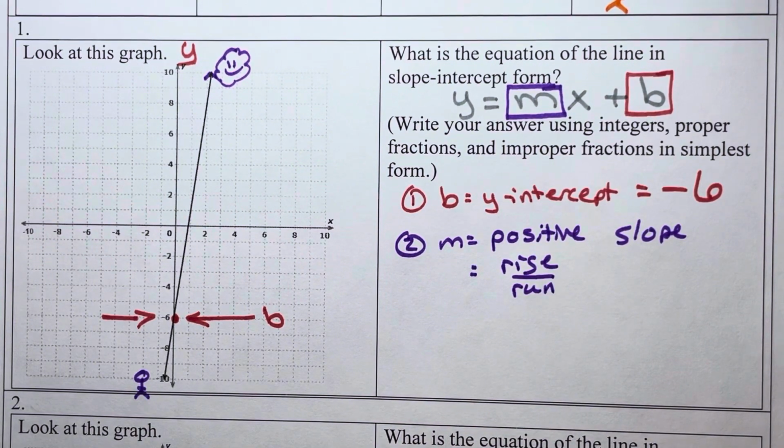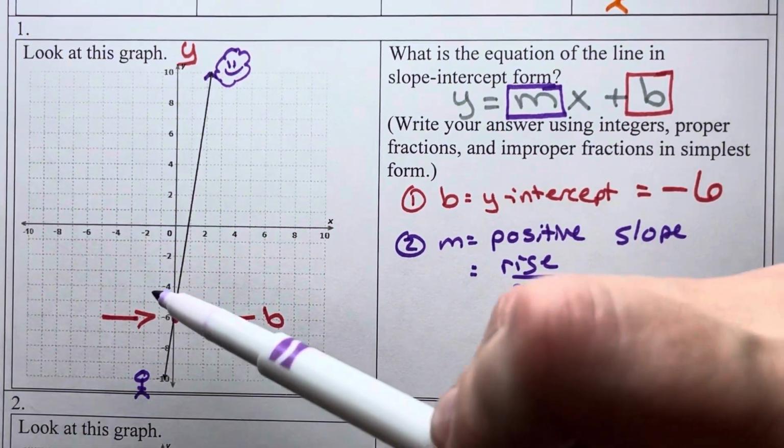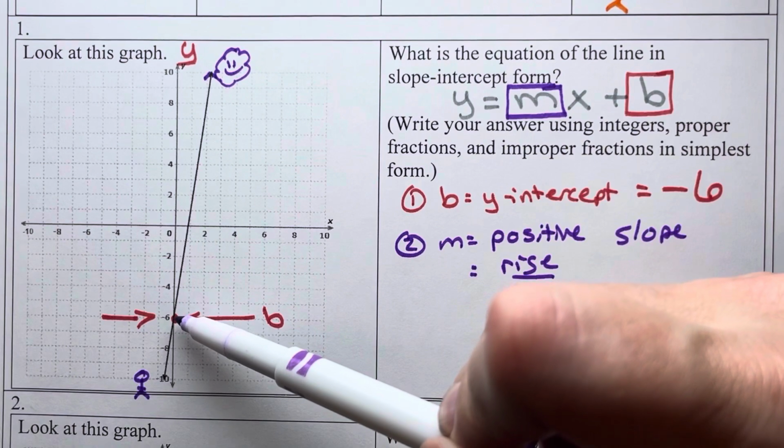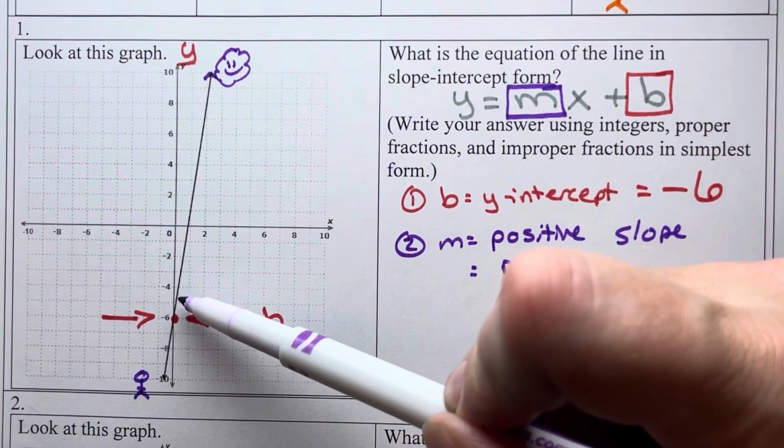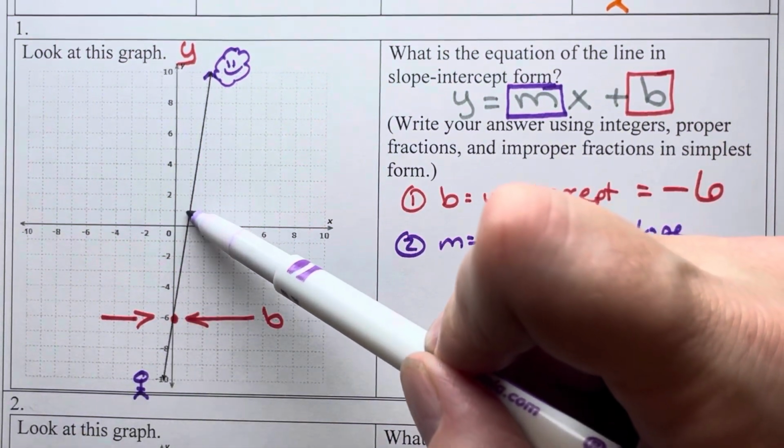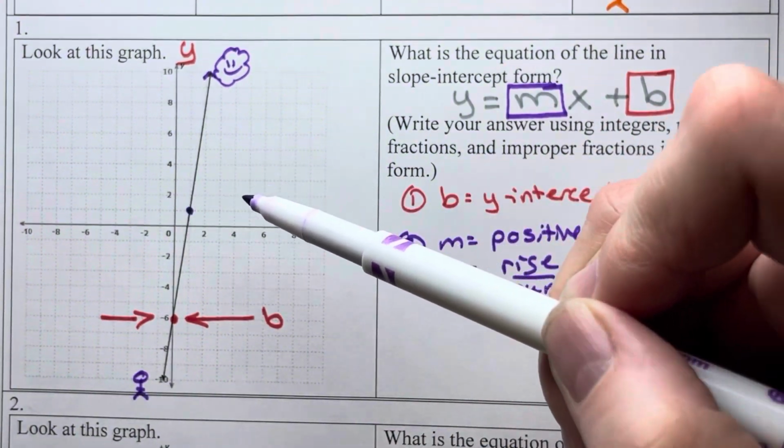Now, another previous lesson that we have worked on was just finding the slope. And to do that, we had to find 2 clean coordinate points. So the y-intercept is a great clean coordinate point to work with. We have options on this particular graph. This is a clean coordinate point.